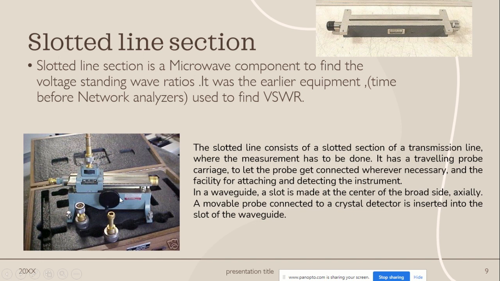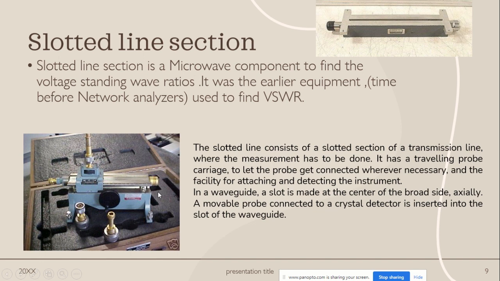By moving this black colored knob front and back along the x-axis scale, you can find out the minima and maxima positions of the voltage standing waves formed inside the slotted line section.